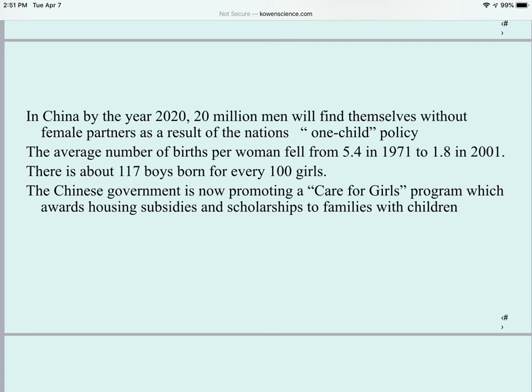And then in addition to that, there has been a lot of infertility issues in China over the past several years. That has resulted in the government now promoting a Care for Girls program, and that awards housing subsidies and scholarships to families that are willing to have a daughter.